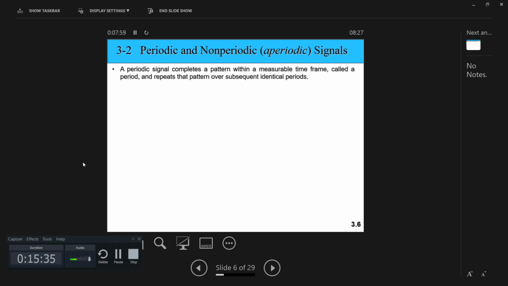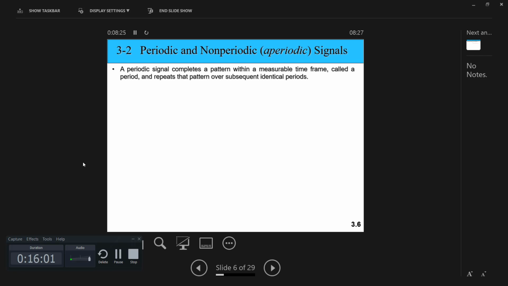Now, one of the important characteristics is a periodic signal. Periodic and non-periodic signal. A periodic signal has a specific pattern that is repeated each period of time. For example, if we have this sine wave, we have this pattern, and after this period it will be repeated again.